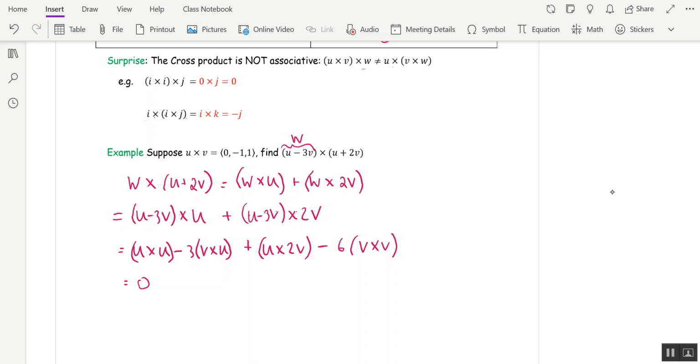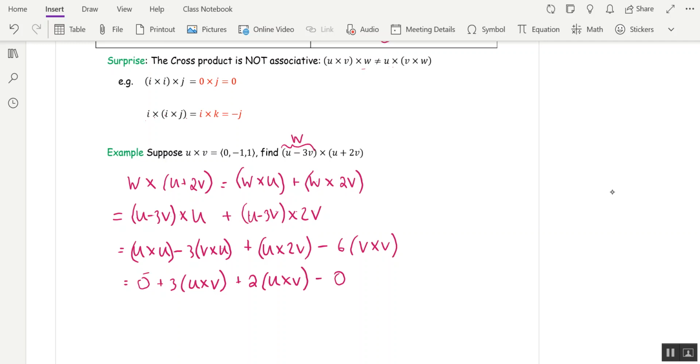So this is 0. The only thing I know is what u cross v is. So I'm trying to write all of these in terms of u cross v. That's my goal. I should have stated that at the beginning. So v cross u is negative u cross v. So I can switch the order here as long as I make that a positive 3. All right, I can pull the 2 out here, u cross v, and then this is minus 6 times 0, 0.